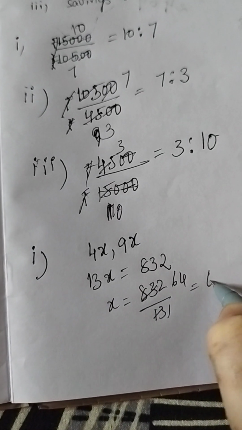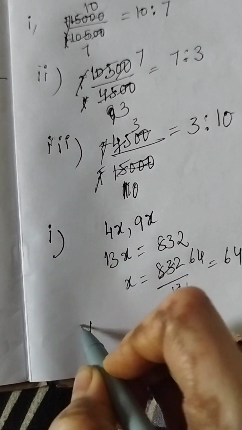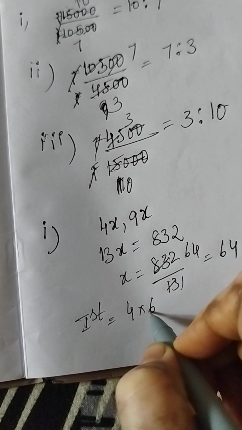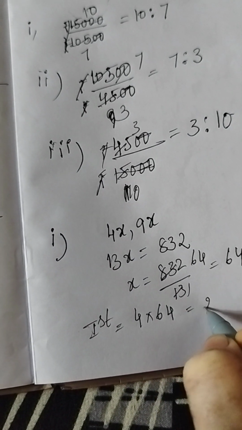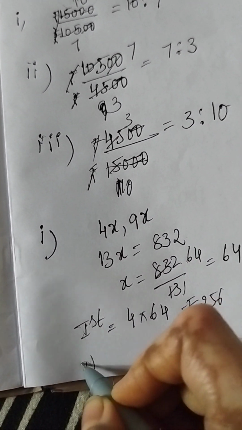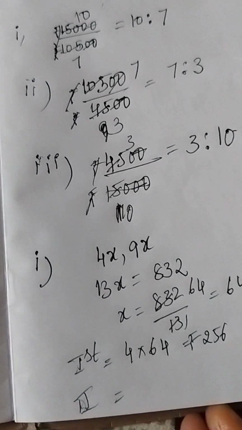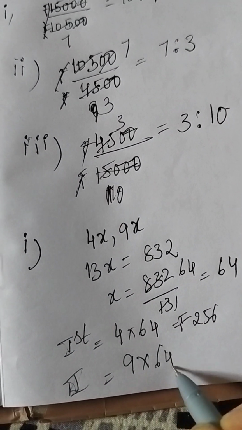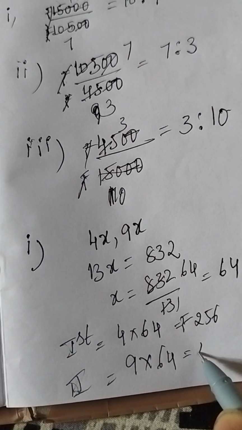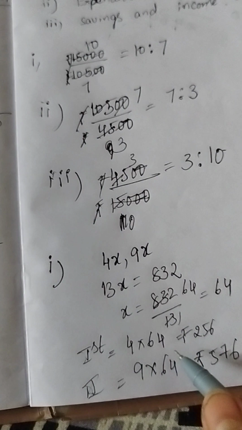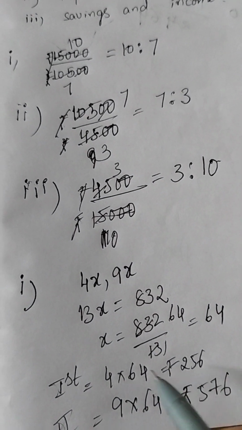So x is 64. So the first part is 4 into 64, that is 256 rupees. The second one is 9 into 64, that is 576 rupees. So this way also you can do. This is another way.